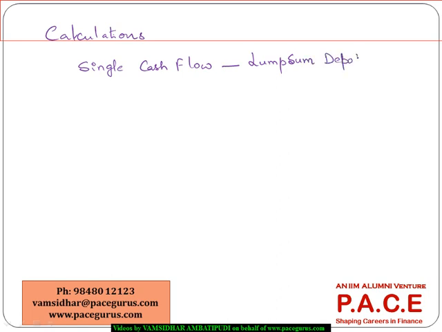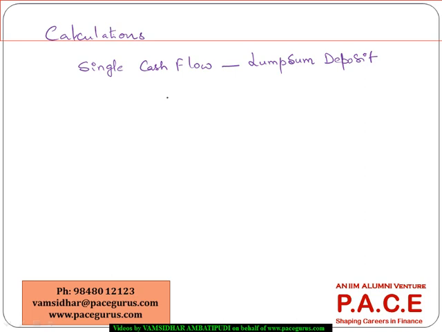Now let's move towards a few calculations relating to the time value of money, where initially let's focus on a single cash flow. Which means it's more like I'm making a lump sum investment or lump sum deposit today.